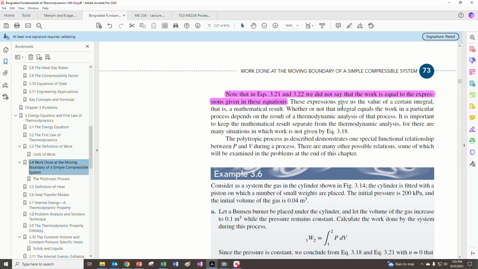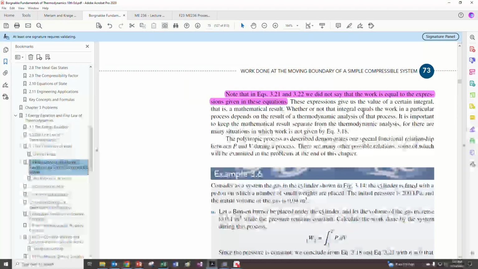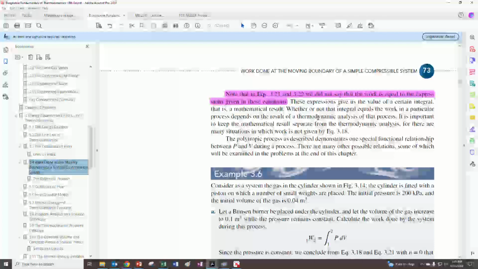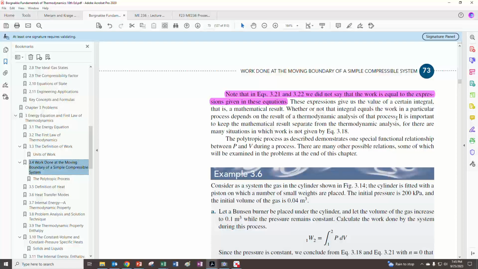These expressions give us the value of a certain integral that is a mathematical result. Whether or not that integral equals the work in a particular process depends on the result of a thermodynamic analysis of that process. It is important to keep the mathematical result separate from the thermodynamic analysis, for there are many situations in which work is not given by that.